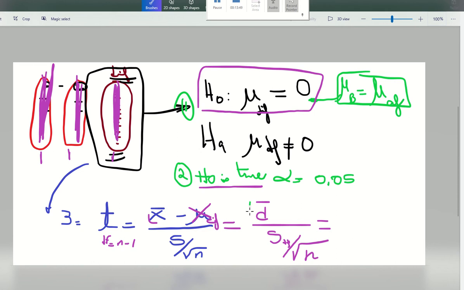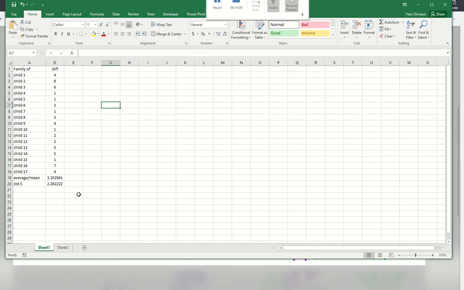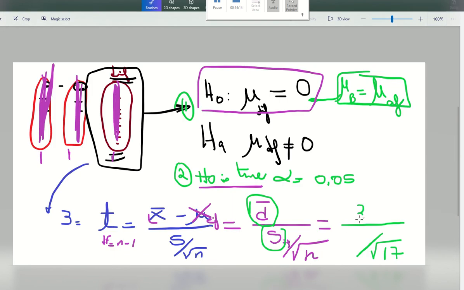So if we want to apply what we did on our example, let's go back and check what these values were. What was the value of the d bar? What was s? Well, I remember that n was 17, so the square root of n is the square root of 17. d bar was 3.35 and s of differences was 2.26.